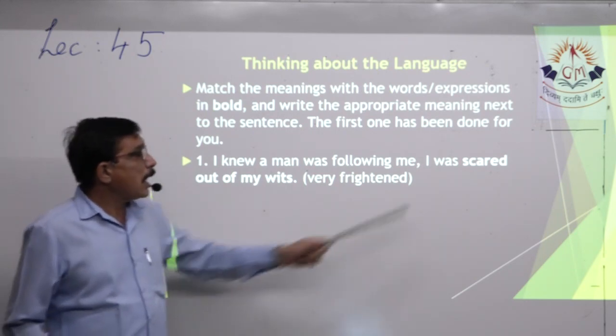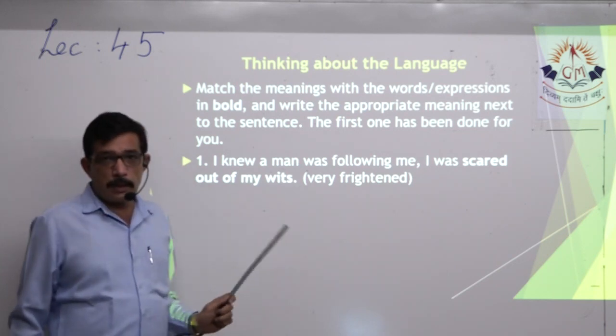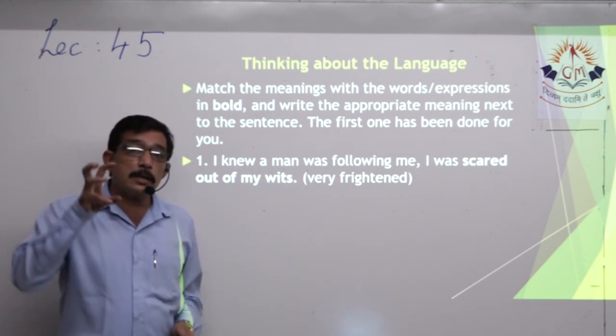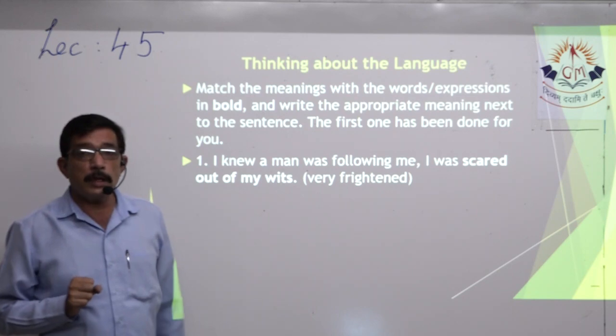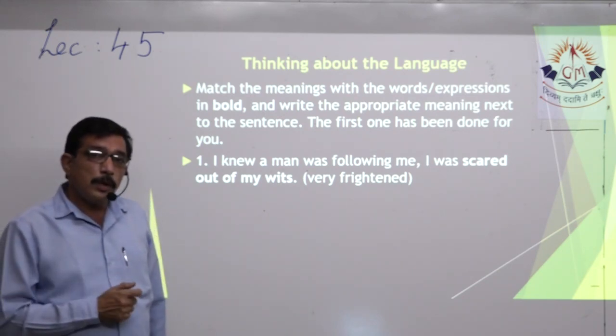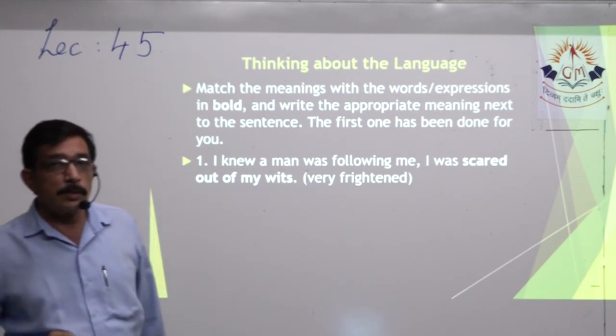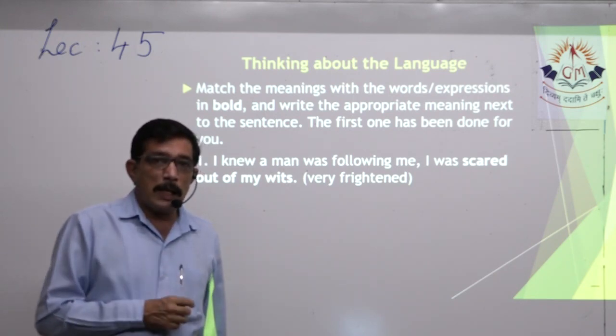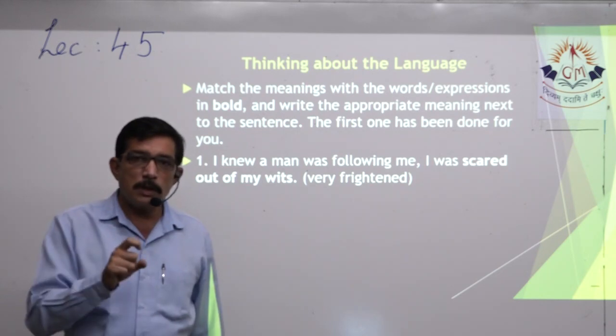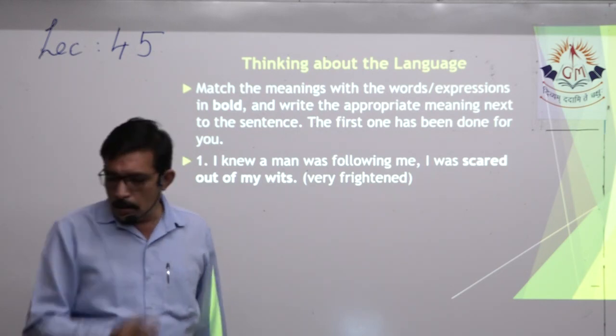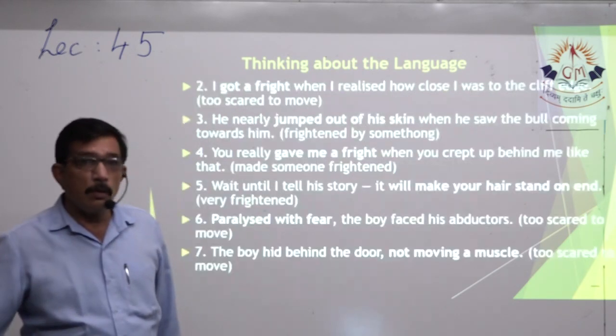So if I write, I was scared out of my wits, it makes a special impact on the reader. So that is what we are doing. We are trying to improve our vocabulary. The chapter and exercise, whichever is given, thinking about the language, it is basically a small one, but it is done for the purpose of improving your vocabulary.